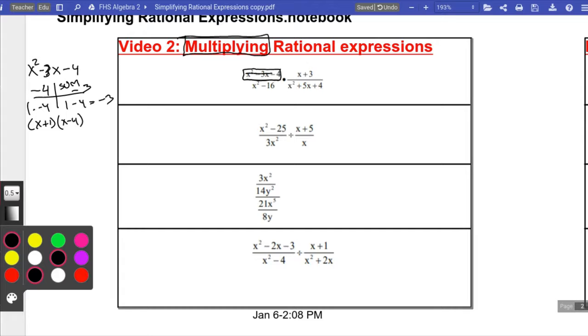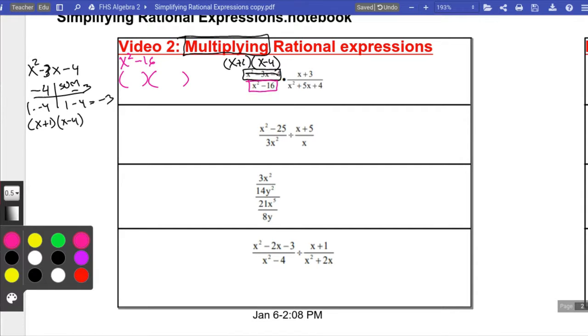All right, let's write that. So we have x plus 1, x minus 4. What's next? The next one is this one right here. We're going to take the bottom one and break it down. x squared minus 16. This is the difference of squares.